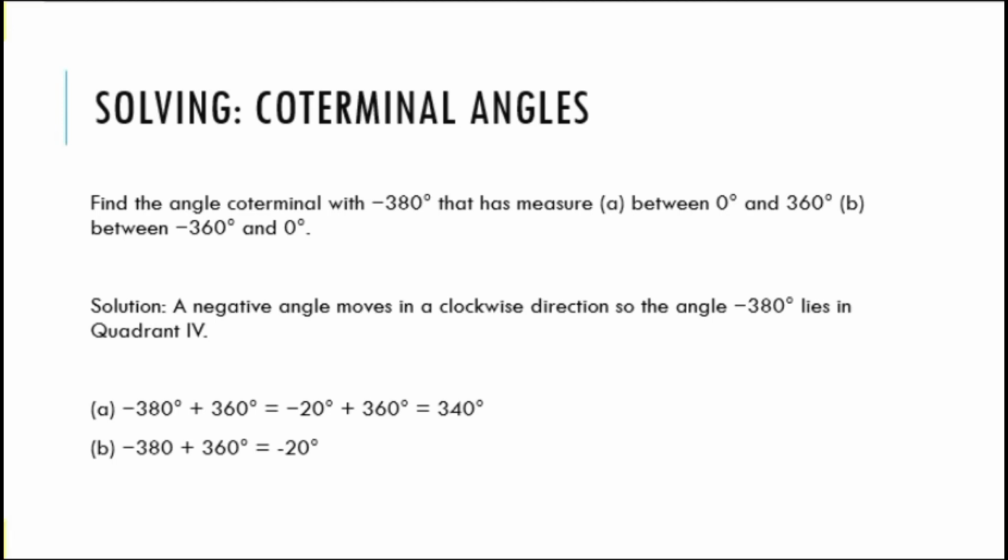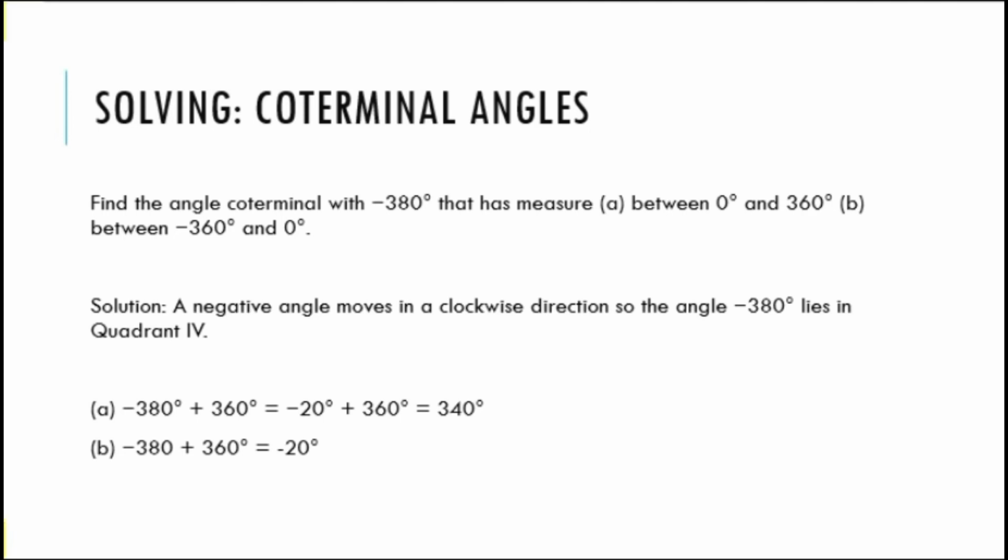This next example asks us to find the angle coterminal with negative 380 degrees that has a measure between 0 and 360 degrees, basically the positive measure, and between negative 360 and 0 degrees, which is the negative measure. So take note, a negative angle moves in a clockwise direction, so to the right.